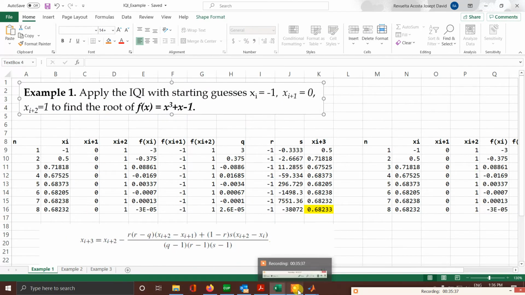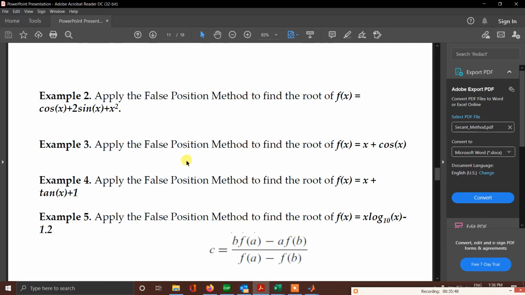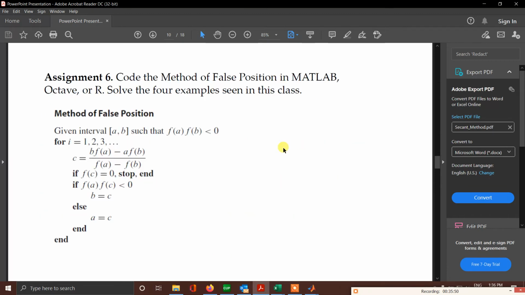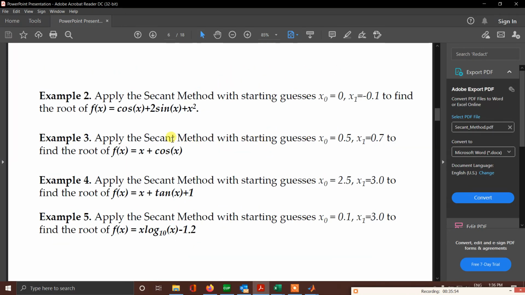For example, if I go to cosine of x plus cosine, I just have to go and use MATLAB, and then x plus cosine of x. I think that's the equation. So that's the equation, x cosine of x. So I'm going to plot it. It doesn't matter. So it's here.